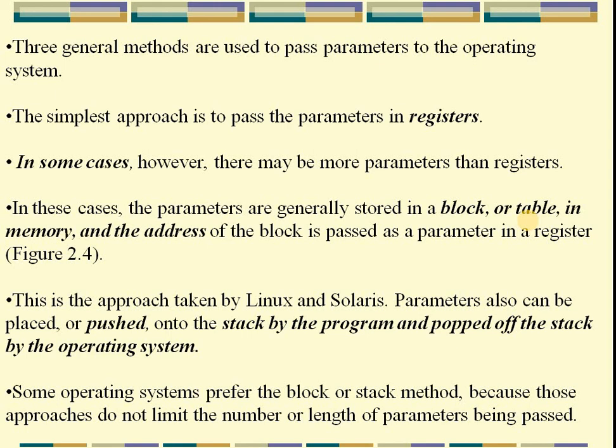In some cases, there may be more parameters than registers. In such cases, the parameters are stored in a block or table in memory. Then the address of the block is passed as a parameter in a register. This approach is used by Linux and Solaris.